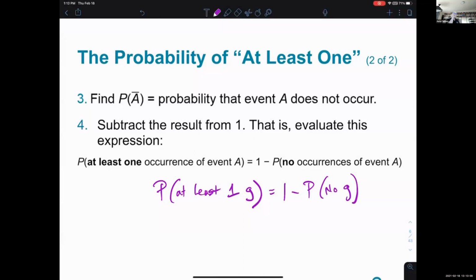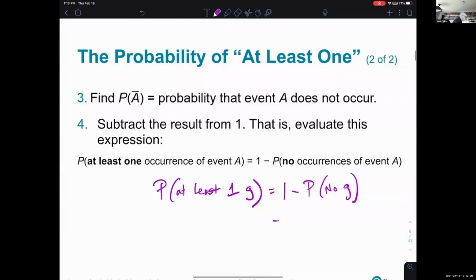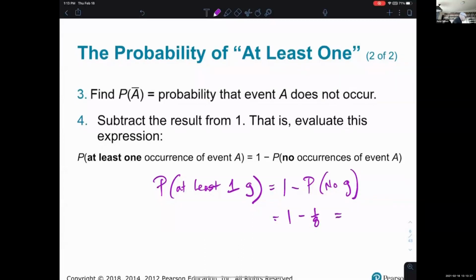Instead of having to count up all the different ways that I could have at least 1 girl, I can realize that there's only one way to have no girls: boy, boy, boy. That's 1 out of the 8 possibilities. So 1 minus 1 out of 8 would be the other 7 out of 8 ways that I had at least 1 girl: 1 or 2 or all 3.